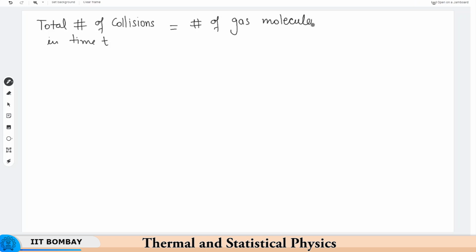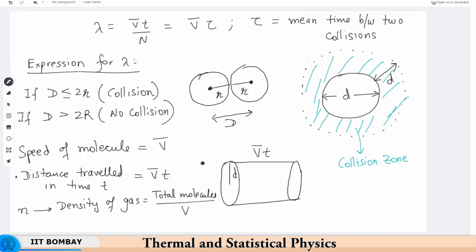So, I can write, total number of collisions in time t will basically be equal to the number of gas molecules inside the volume of the cylinder, which is basically pi r squared h, right.